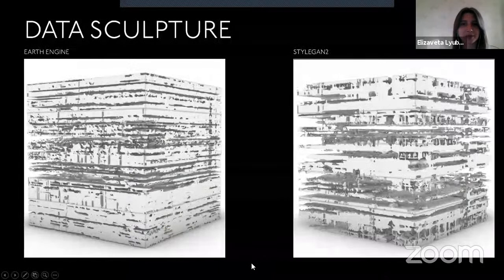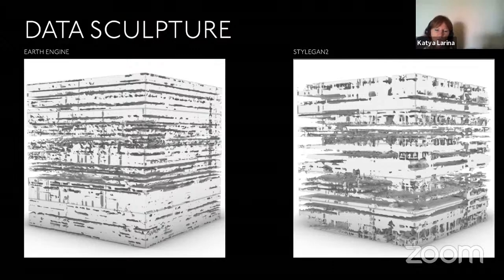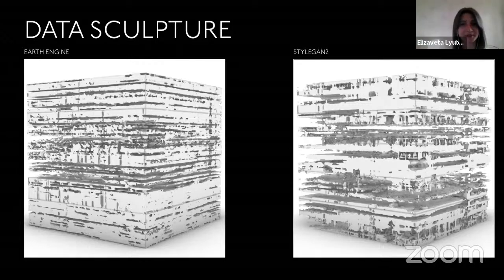And that's the comparison of the 3D model: one is just raw data from satellites, and the other one is from StyleGAN data, StyleGAN images.